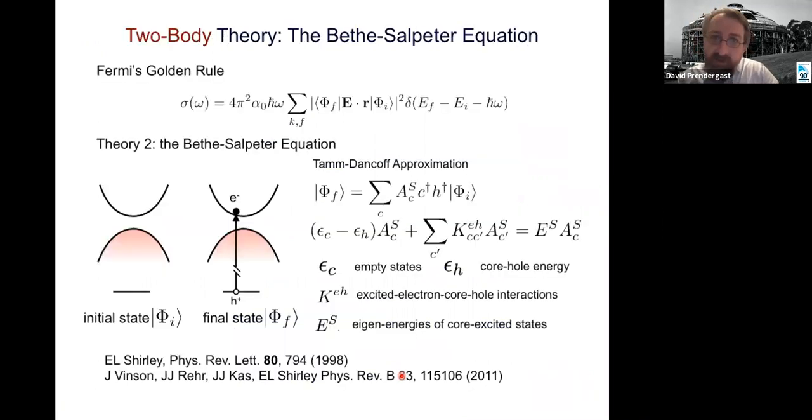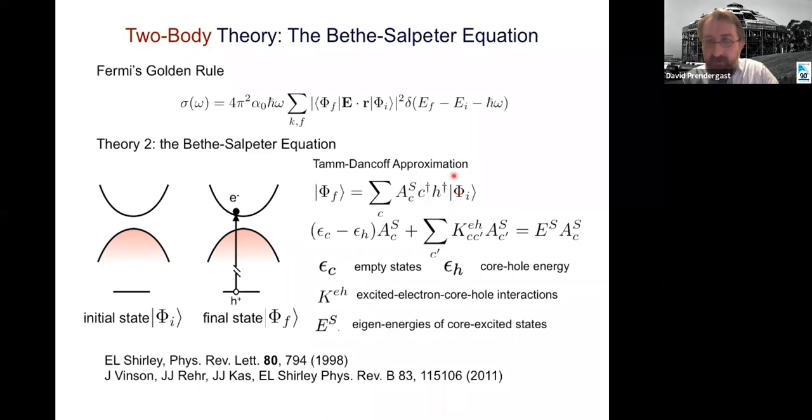So I already mentioned the Bethe-Salpeter equation. This is one way that we can model excited states that comes from many-body perturbation theory, where in this case, we explicitly write the final state here called phi f as a linear combination. A here is just a constant of the creation of electron hole pairs with respect to the ground state.